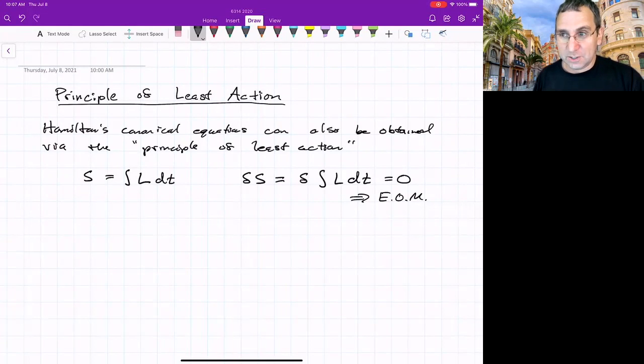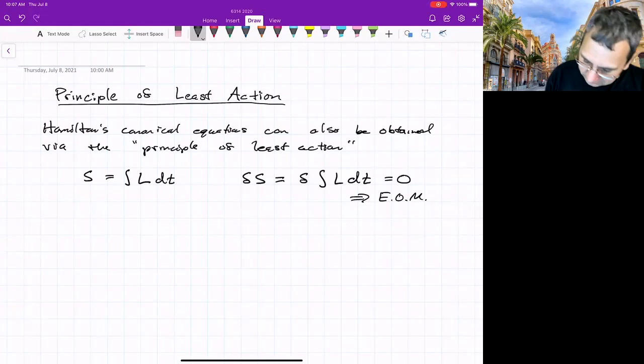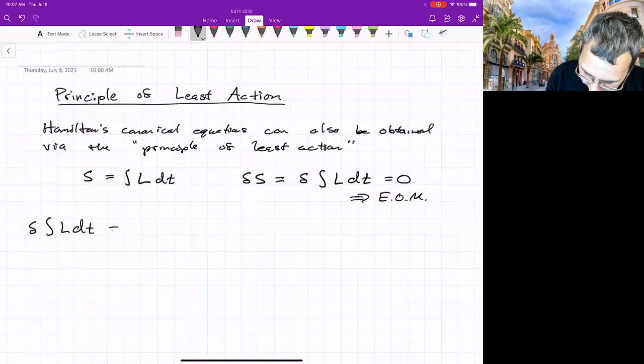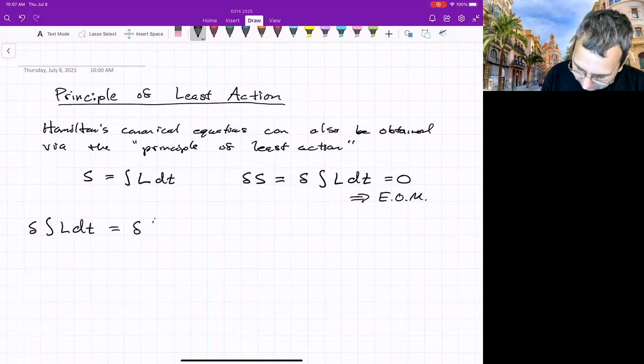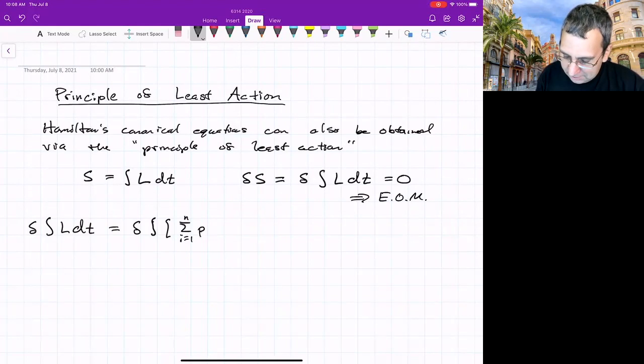This uses the reverse Legendre transformation. So we can write L, substituting it this way: the sum from 1 to n of p_i q_i dot minus H as a function of q and p.